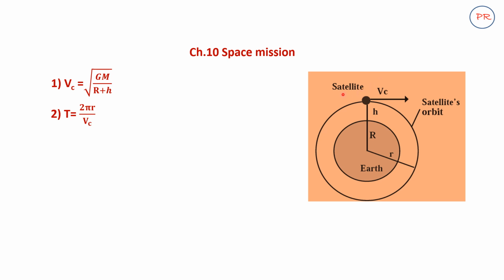The critical velocity formula is Vc = sqrt(GM/(r+h)), where r is the radius of the Earth and h is the height of the satellite above the Earth's surface. The time required for the satellite to move around the Earth is given by 2πr upon critical velocity.